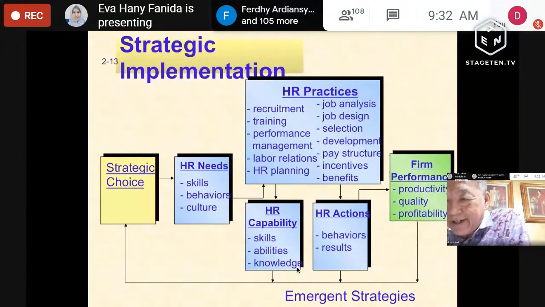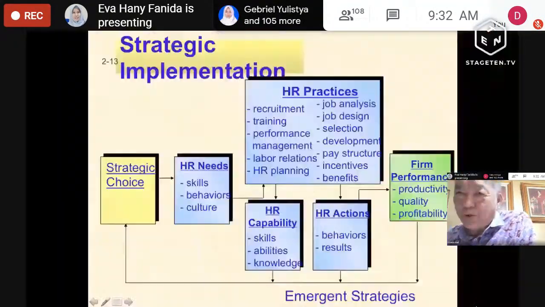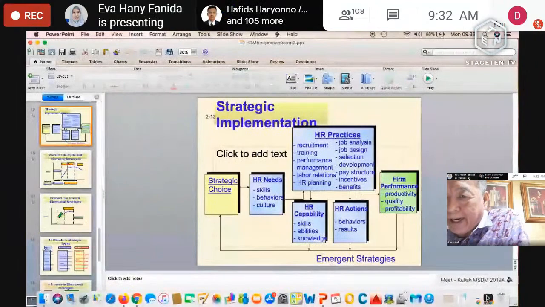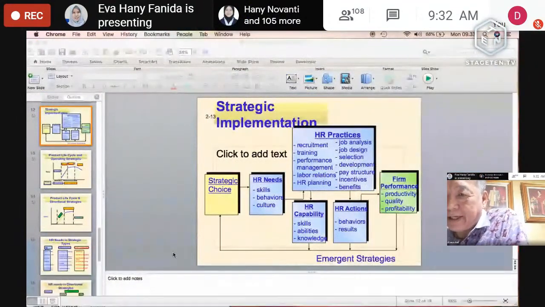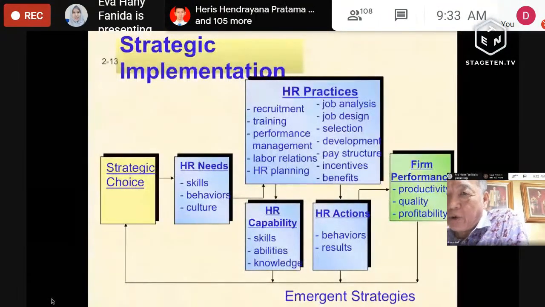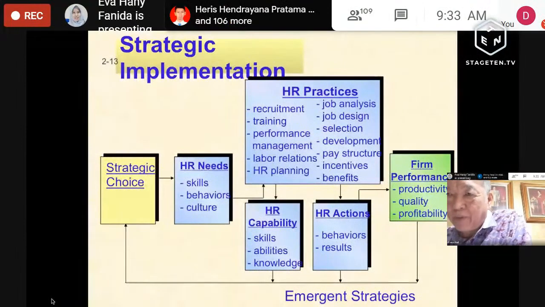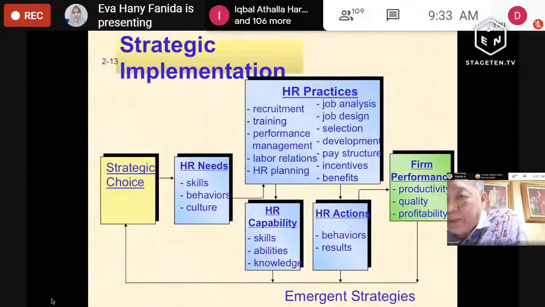Yes, okay. So you see that, I have to say, even though this subject is human resource management in the public sector, when I talk in general, I will talk in terms of business, because this is strategy, and each strategy will be adapted to suit the public sector or private sector.